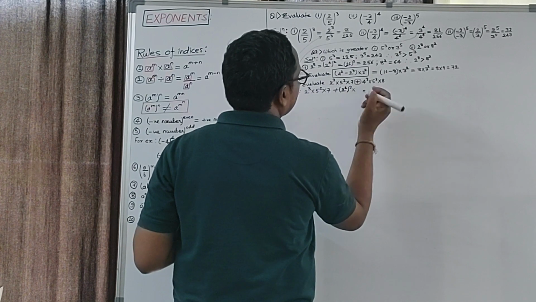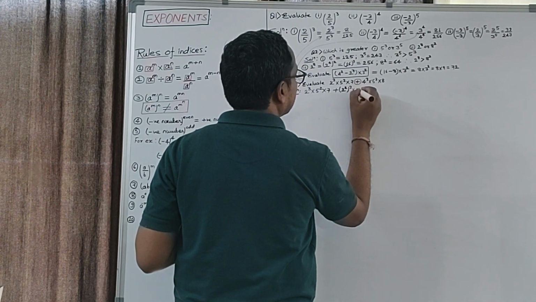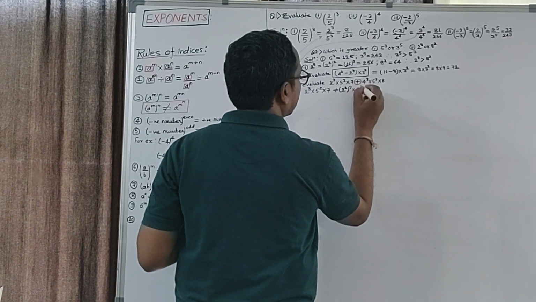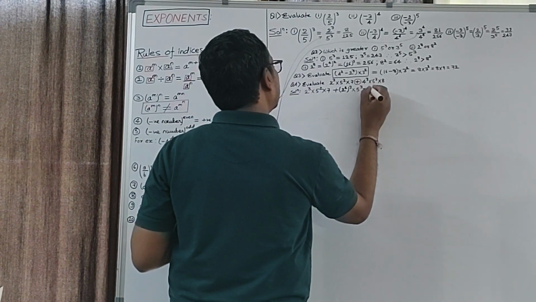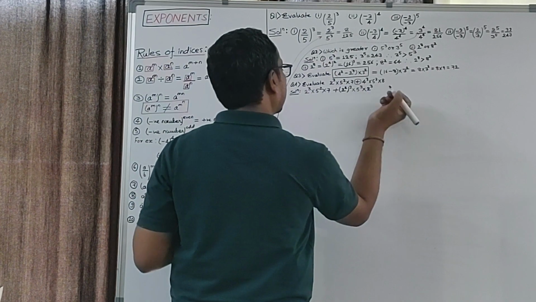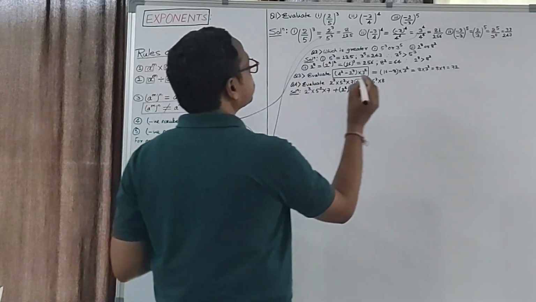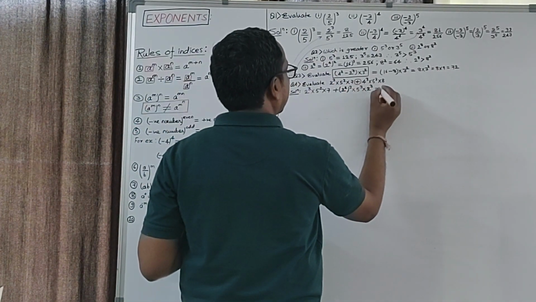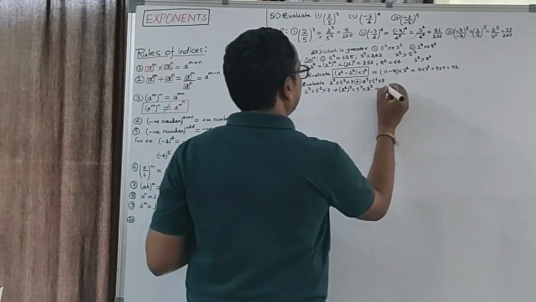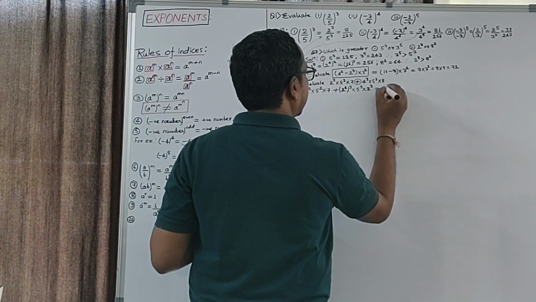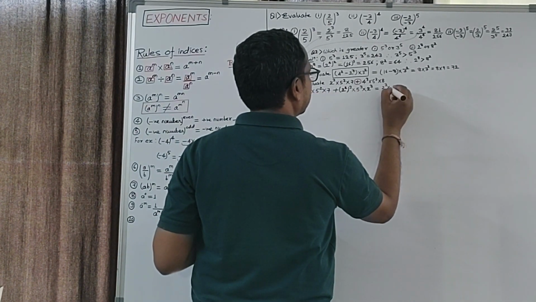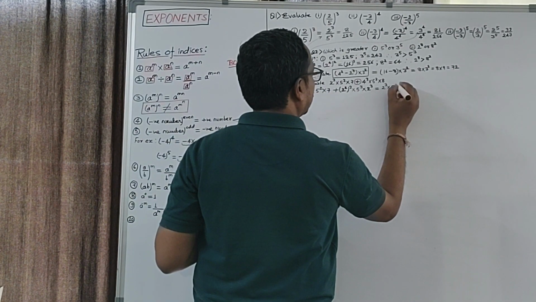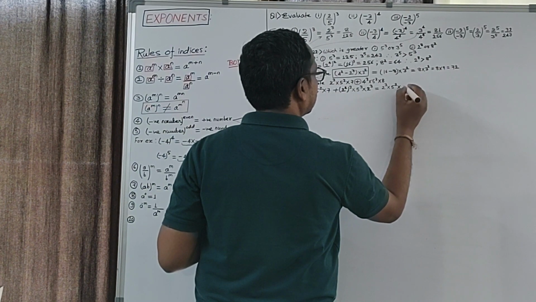And we cannot do anything with the 5 because 5 itself is a prime number, so no more factorization of this is possible. And 8 you can write as 2 cube. Yeah, we can write it. Okay? So here, what can we write? 2 cube into 5 square into 7.